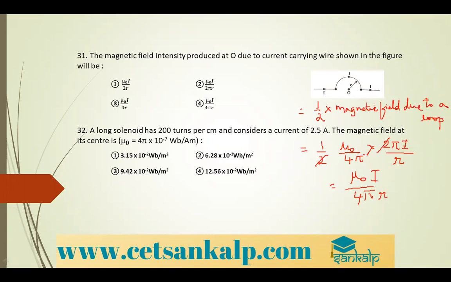Pi and pi also get cancelled. So finally it is mu naught I divided by 4R. So it is option C. Right?